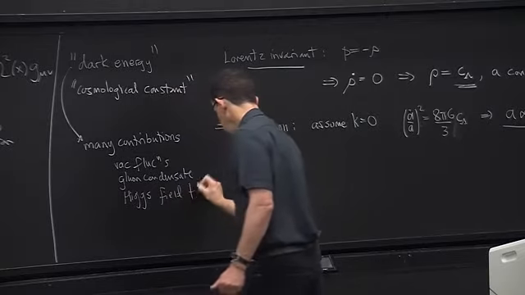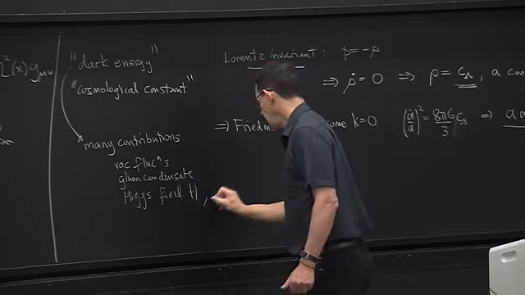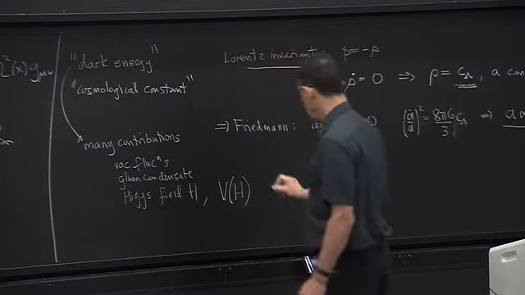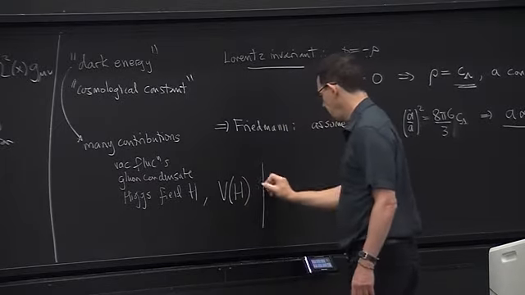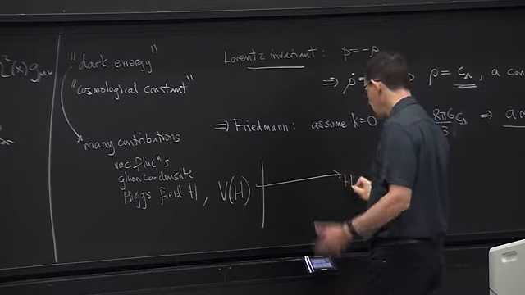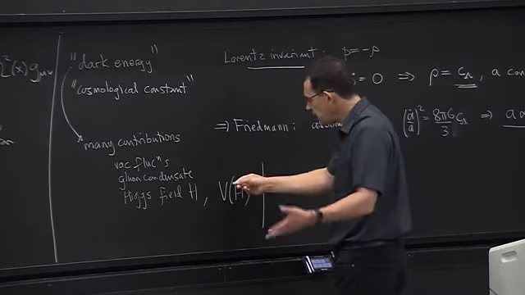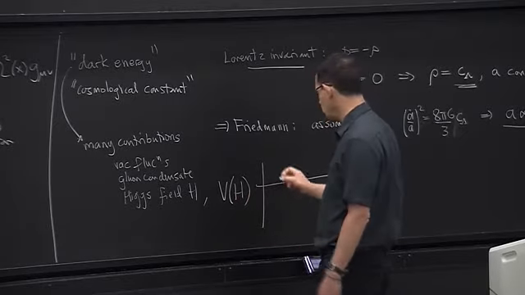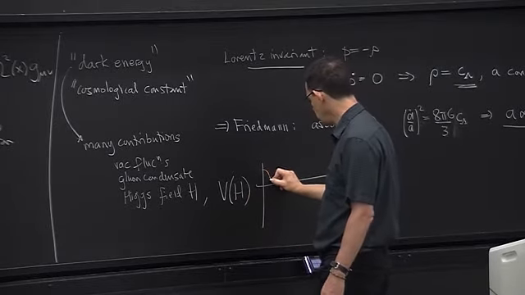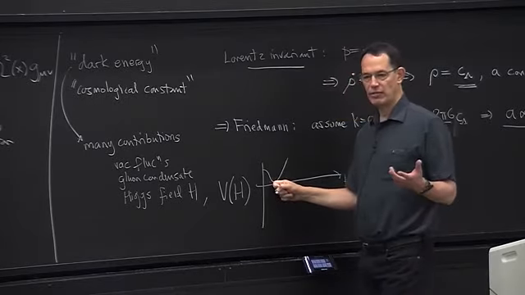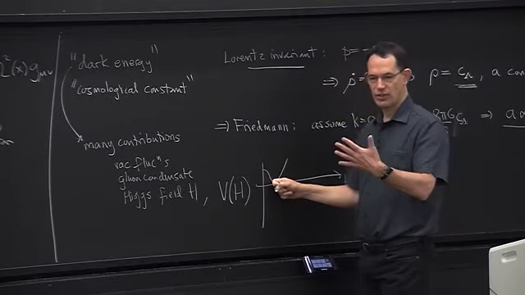So there's some Higgs field, H, and it has a potential energy, V of H, which is some function of H. H is the strength of the Higgs field. And this vacuum, or potential energy, or alternatively vacuum energy as a function of H, looks like this. The vacuum we live in is one where H is not zero.